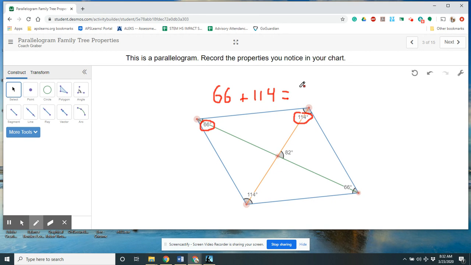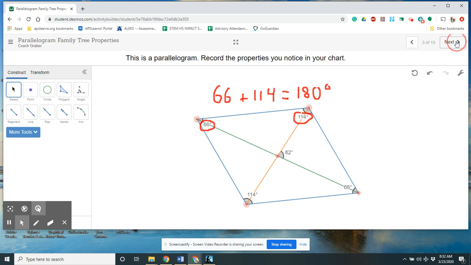That's also true for every parallelogram. So the adjacent angles have to equal 180. The opposite angles that are across from each other will equal the same amount. So 114, 114. These two are supplementary. They equal 180. All right, so that's for parallelograms.